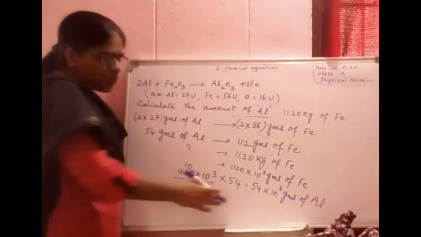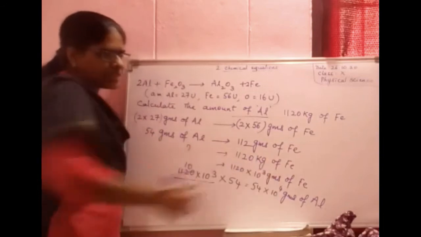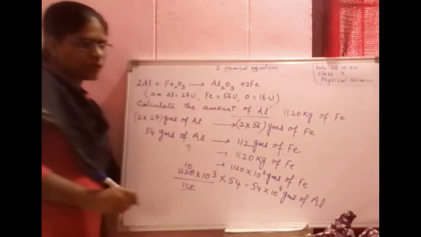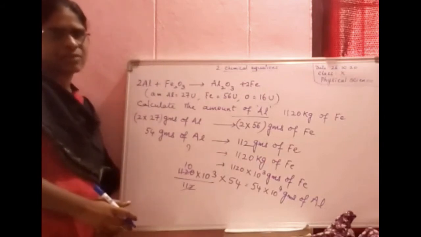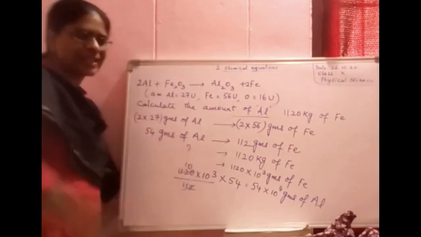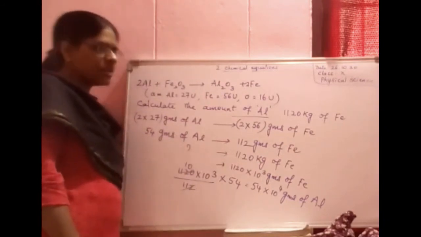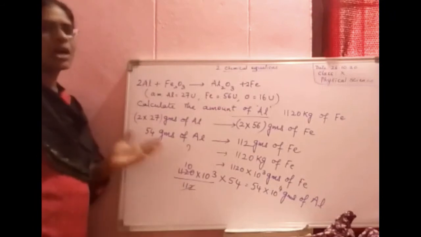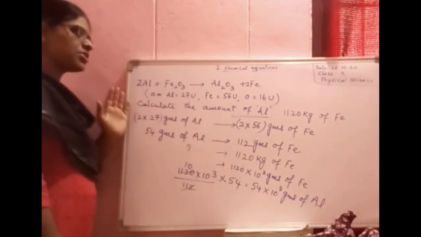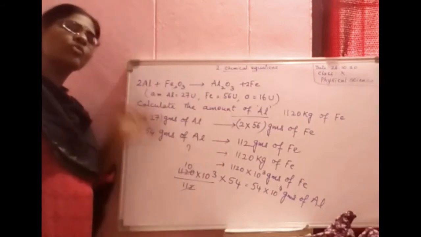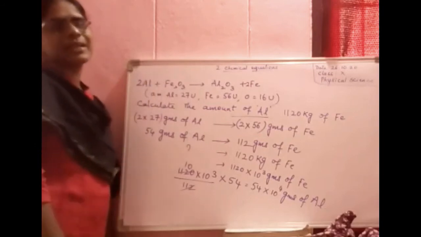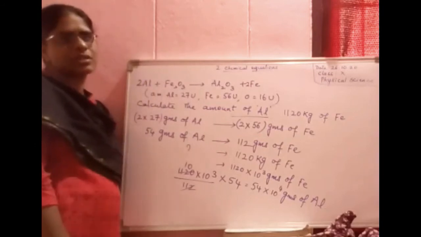If you want, in your textbook, he has converted this into kilograms. 54 into 10 power 4 grams, and 1 kilogram equals how many grams again? You can convert or leave it like that. This is the way to solve mass relationship, mass-volume and volume relationship problems based on chemical equations.